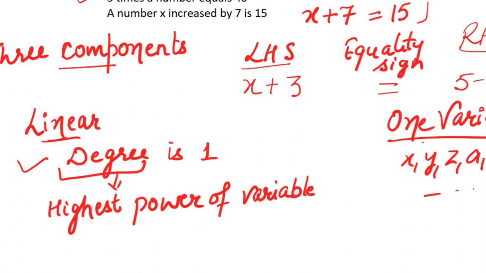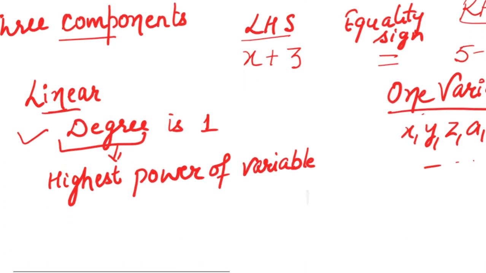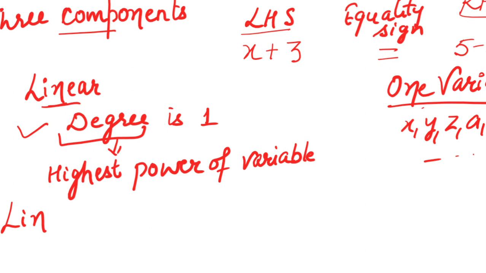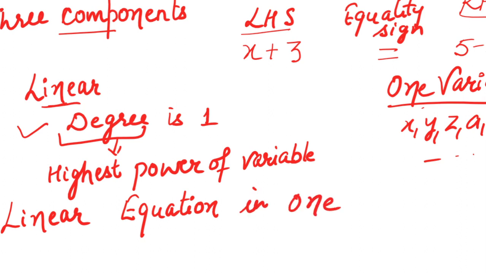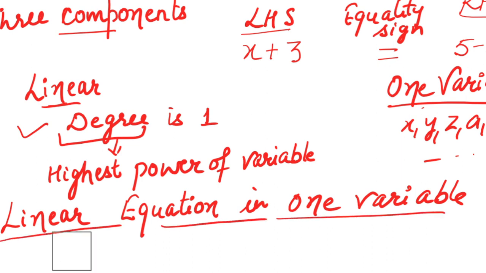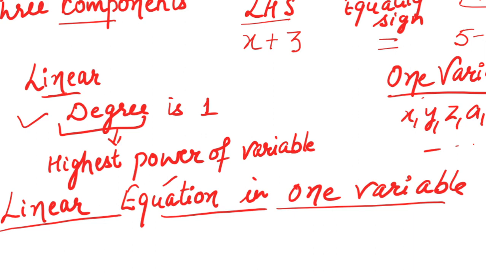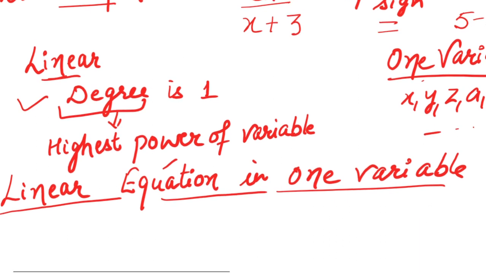So in the chapter linear equation in one variable, linear means the highest power of the variable is 1, equation means there must be an equality sign between two expressions, and one variable means we will only have one English alphabet.